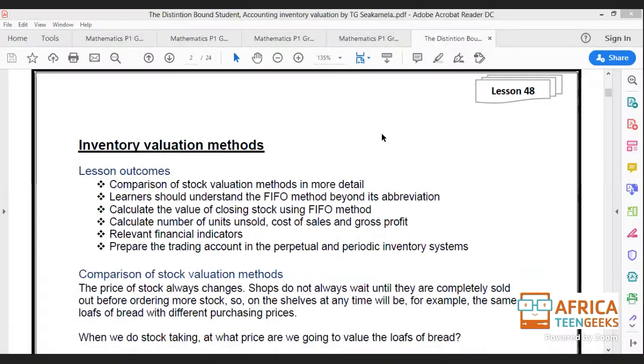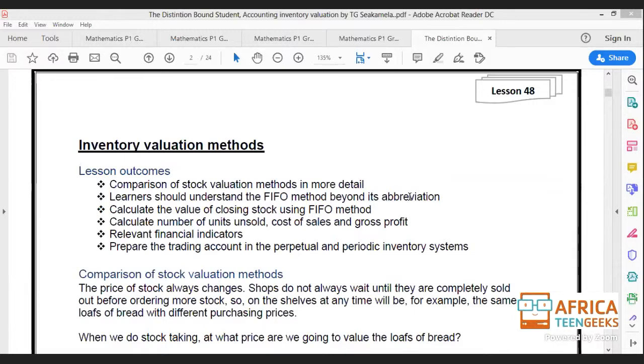Okay, so now these are the learning outcomes that you need to know by the end of the lesson. You must know the comparison of stock valuation methods in more detail. Learners should understand the FIFO method beyond its abbreviation. We're still going to look at that.